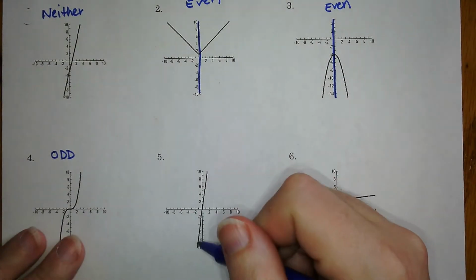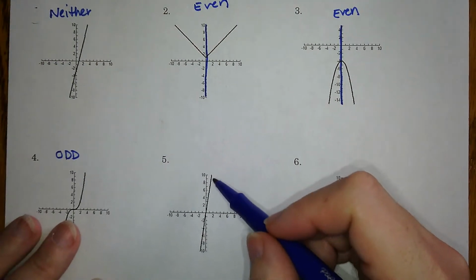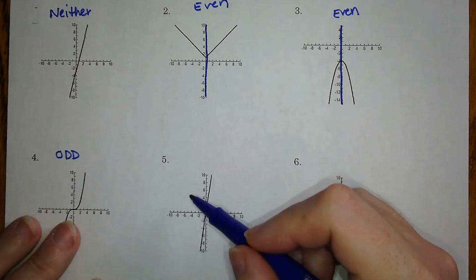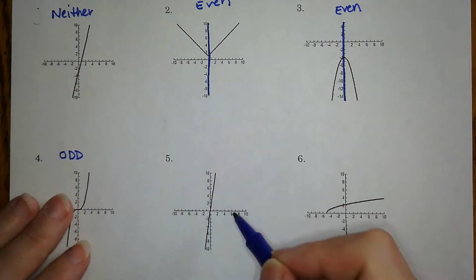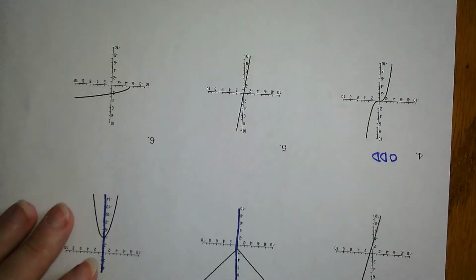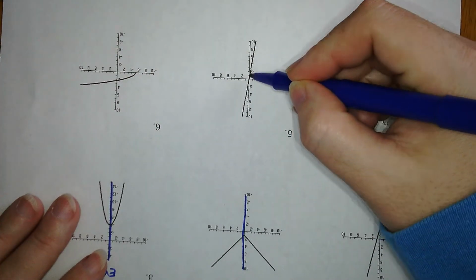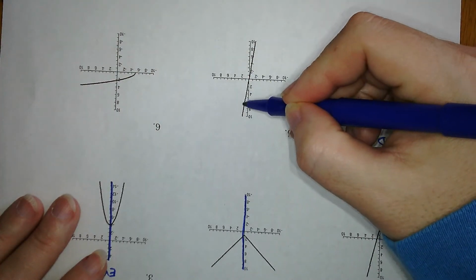For number 5, it's not even because this side of the y does not have the same thing as this side of the y. But if I flip this 180 degrees, it's literally the same picture. So this is an odd function.